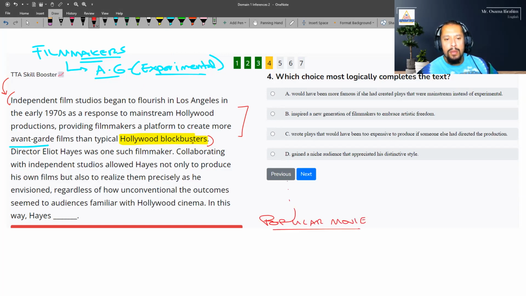A blockbuster means something that makes a lot of money, like a big Hollywood movie or a big Hollywood production. A Hollywood blockbuster means a movie that makes a lot of money, very popular, very famous. Okay. Now, director Elliot Hayes was one such filmmaker. Let's continue.